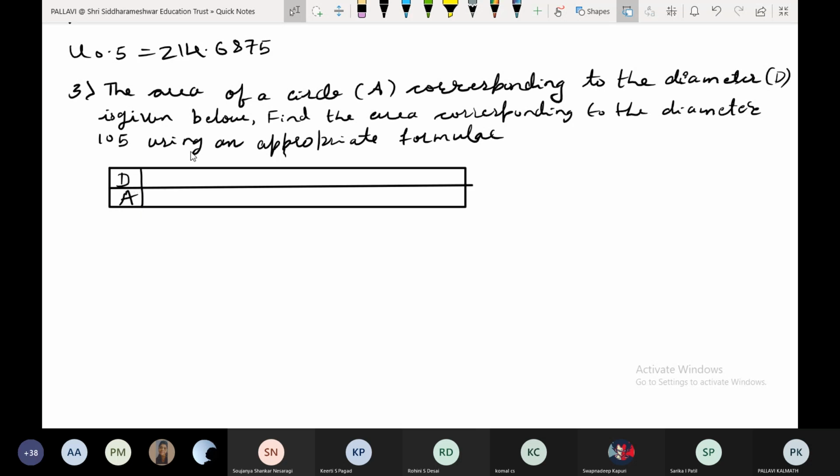See, the given data is for the diameter equals to 80, the area is 5026.